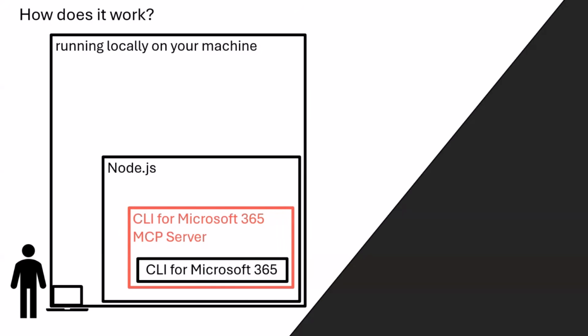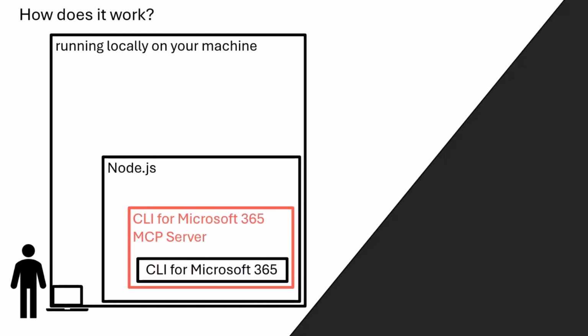And in your MCP client, you point that you will be using this MCP server over npx, and you don't have to have it installed locally. Every time the MCP client uses it, it will just download it and install it for this current session, and then it's gone, and you have a clean machine.